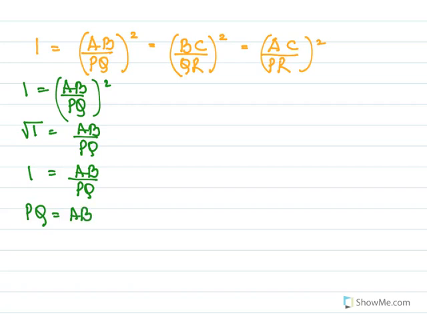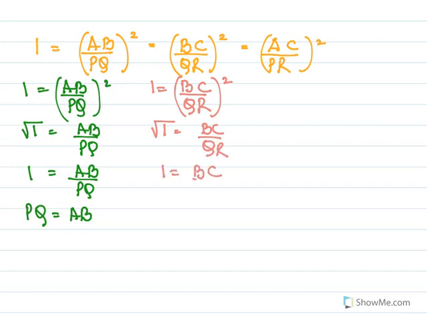Now the next: 1 is also equal to BC over QR the whole square. Taking the square root on the other side, 1 equals BC over QR. So QR equals BC.